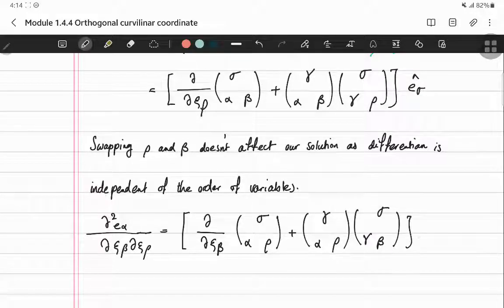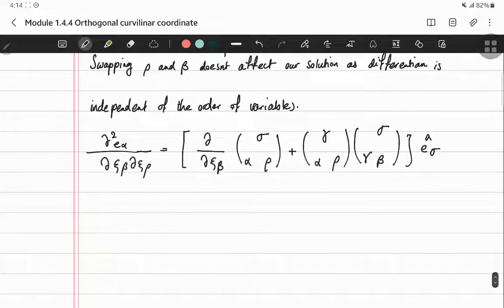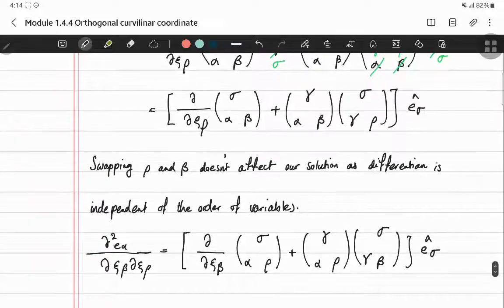So I have E sigma in here. So if I subtract, so I had previously 1, 2, and 3. So I have here 4, 5.